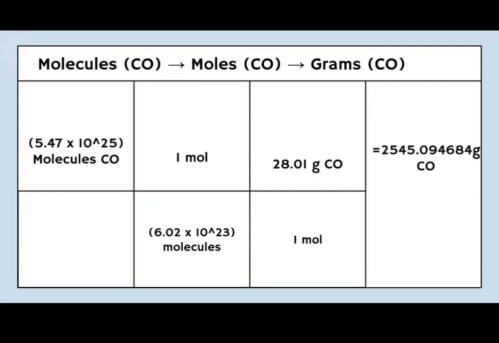You should get 2,545.094684 grams of carbon monoxide. So this is the original value, and whatever we get for our excess reactant should be less than this.